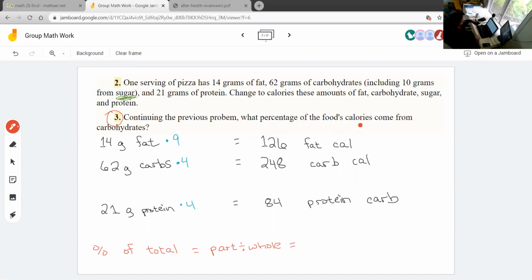So the carb calories are the 84. Now I just need to know the total calories, so let's add that up. 248 plus 126 plus 84. I'm getting 458. Which is about 0.18.